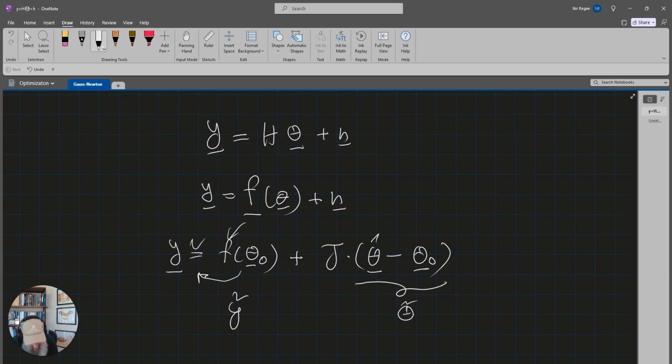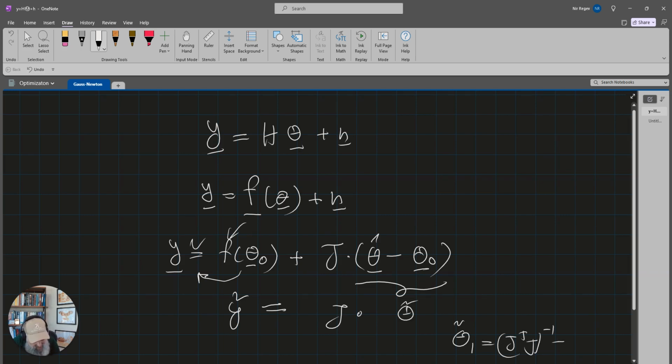So we have y tilde equals J times theta plus a noise, and we know that the solution for that, let's call it now theta tilde 1, is J transpose J to the minus 1 J transpose y tilde.